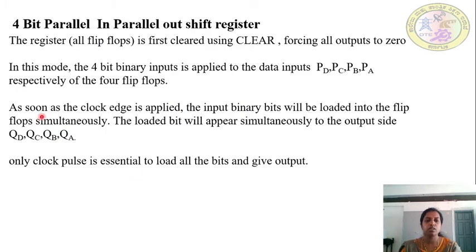Next, as soon as the clock edge is applied, the input binary bits are loaded into the flip-flops simultaneously. The loaded bits appear simultaneously at the outputs QD, QC, QB, QA. Only a clock pulse is essential to load all the bits and give the output.